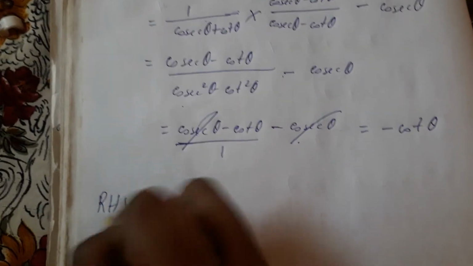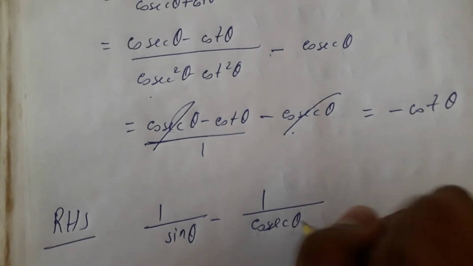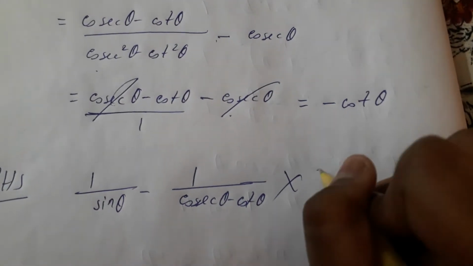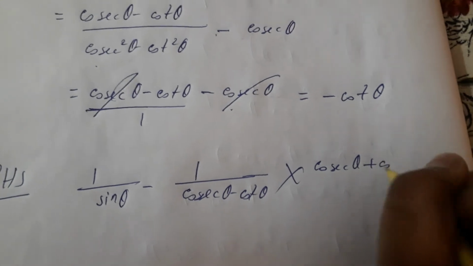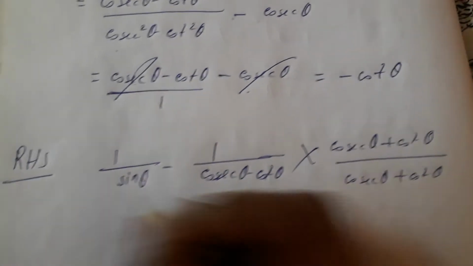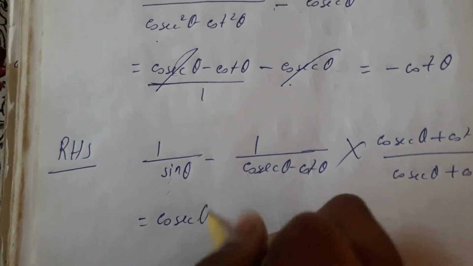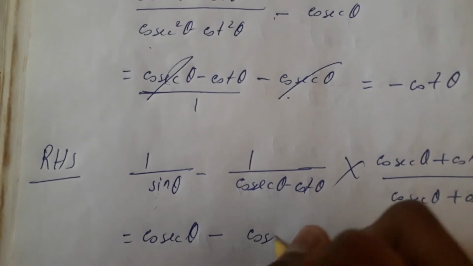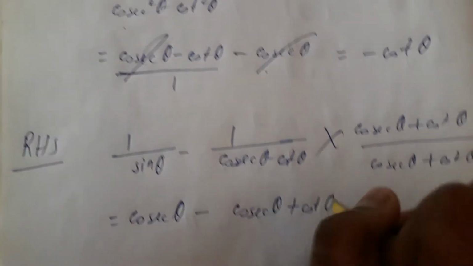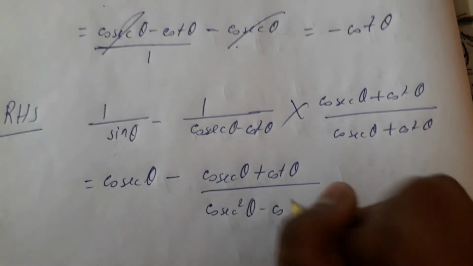Now see the RHS part. RHS part is given 1 by sin theta minus 1 divided by (cosec theta minus cot theta). So now you have to multiply in this side, (cosec theta plus cot theta) divided by (cosec theta plus cot theta), which is equal to 1 by sin theta, which will be your cosec theta, minus (cosec theta plus cot theta) divided by, it will be cosec square theta minus cot square theta.